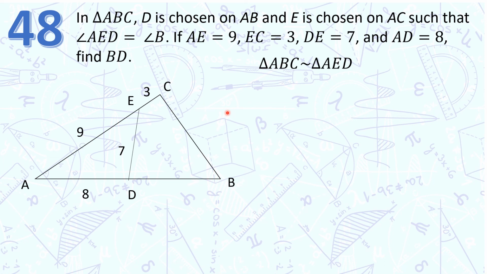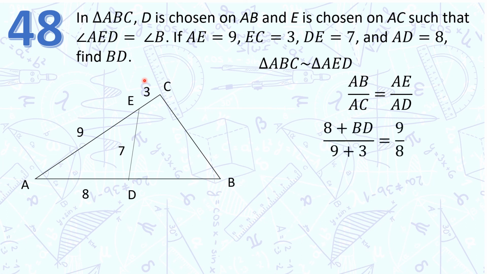And from this similarity, we can form the proportion AB over AC equals AE over AD. AB is 8 plus BD, AC is 9 plus 3, AE equals 9, and AD equals 8.